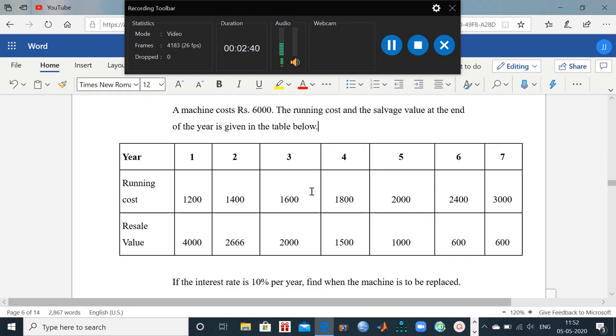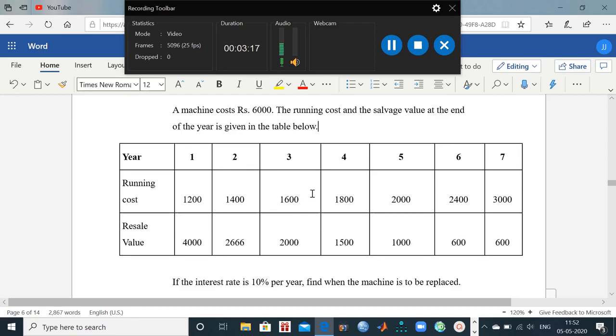That is, in the formula, it is 1 divided by 1 plus r by 100 to the power of n minus 1 if it is running cost that we are trying to discount, and if it is the salvage value, then it is 1 divided by 1 plus r by 100 to the power of n. The reasons and the justification of why we do this have been mentioned in the previous video. So in case you've missed out seeing the previous video, please do go have a look at replacement models QTDM 5.2, which is there in this channel.